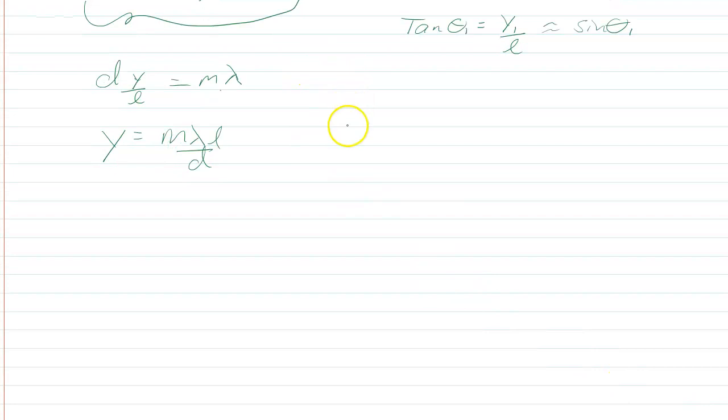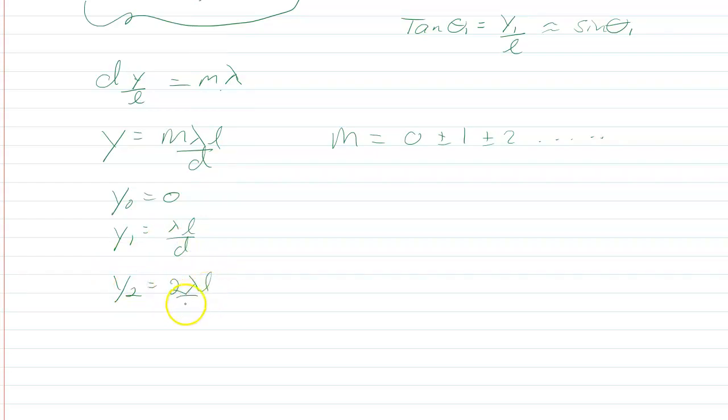And I see a whole series of these things, m equal to 0, plus or minus 1, plus or minus 2, dot dot dot. Of course, y0 is 0. y1 is equal to lambda L over d. y2 is equal to 2 lambda L over d, etc.